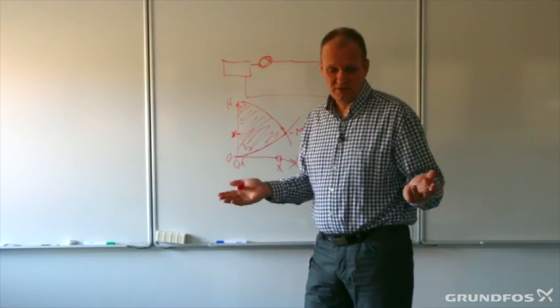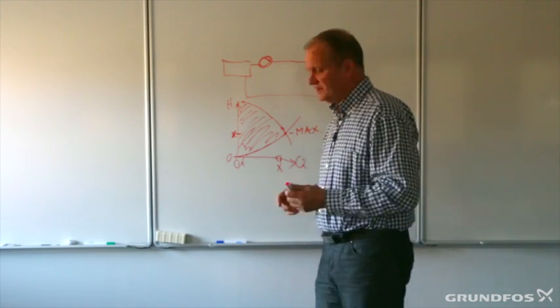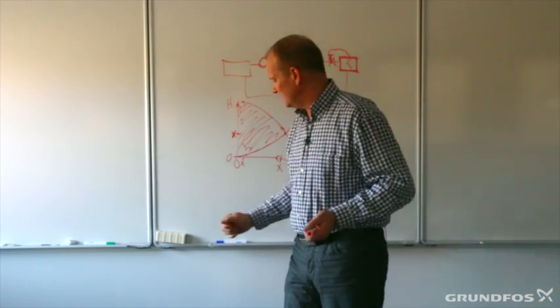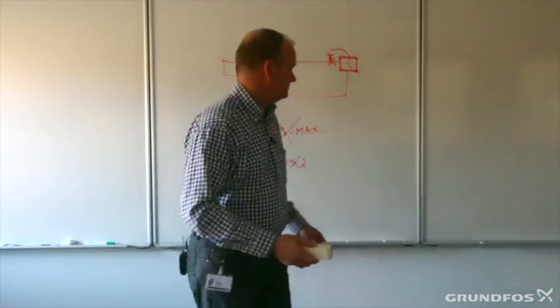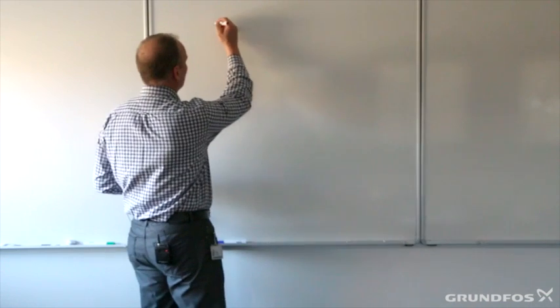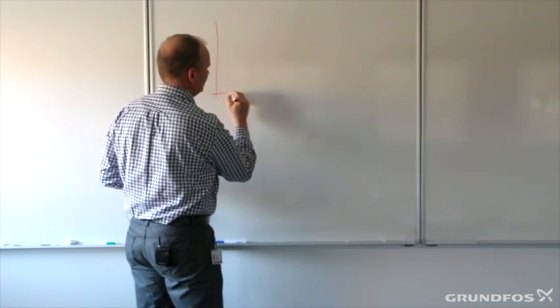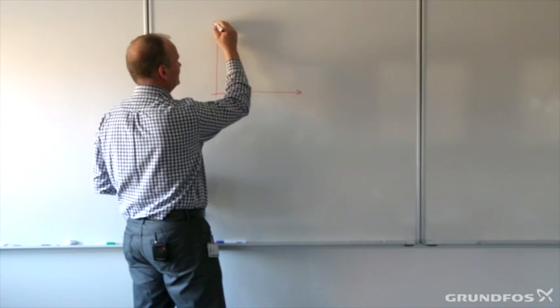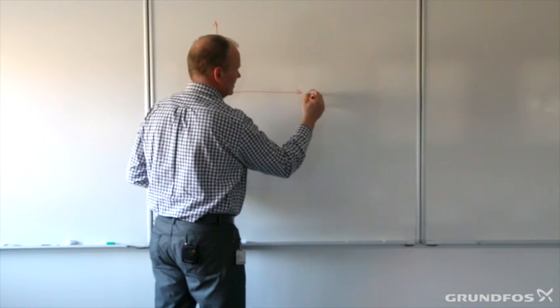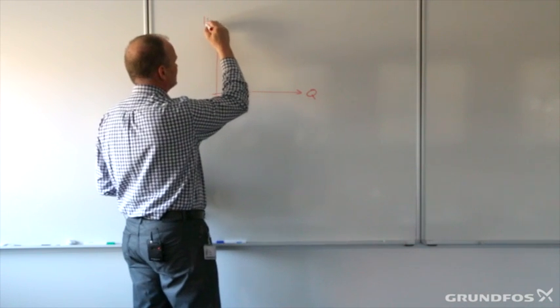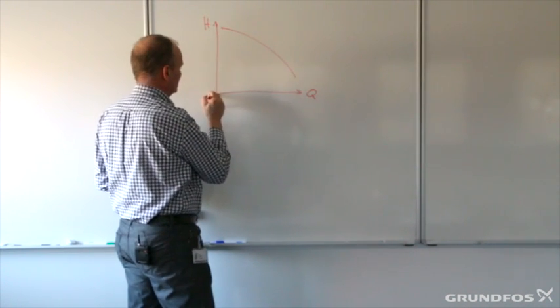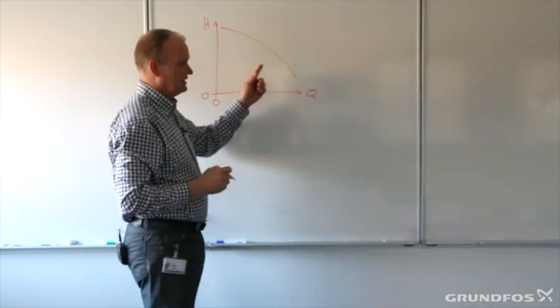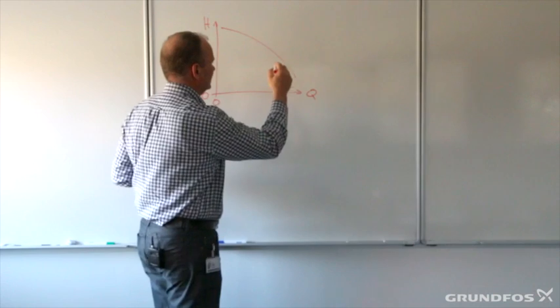So what can we do about that problem? Well, I think we need to erase this and draw a new pump curve. So we'll try to draw a new pump curve, which actually looks quite a lot the same as we just saw. We have the same maximum curve here.